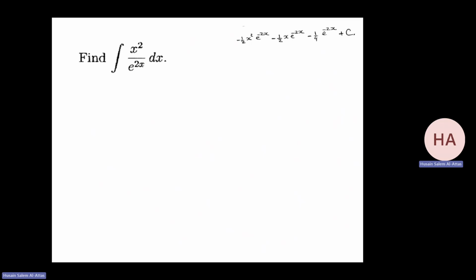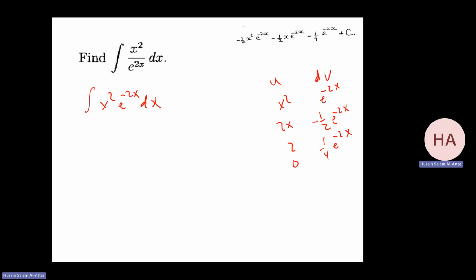Next, x squared e to the minus 2x dx. Yeah, I think this is an easy one. Let me use the tabular method, since it's easy to do. It will be x squared, 2x, 2, 0. I have e^(minus 2x), so I need minus half e^(minus 2x), then 1 over 4 e^(minus 2x), and then the last one, minus 1 over 8 e^(minus 2x).